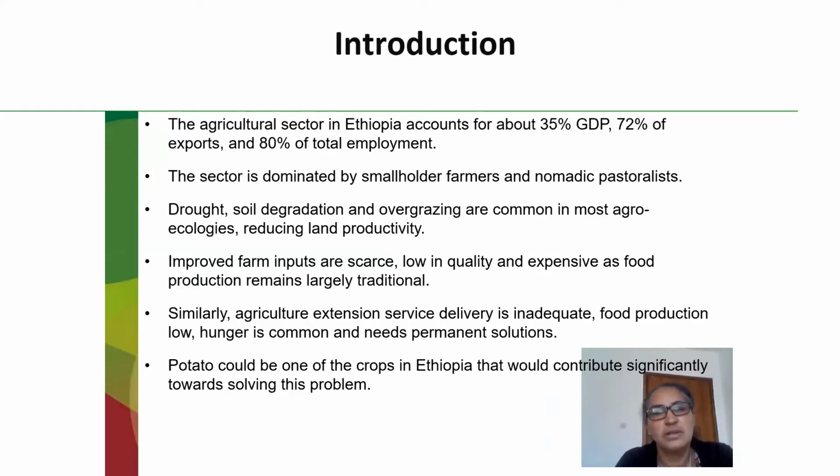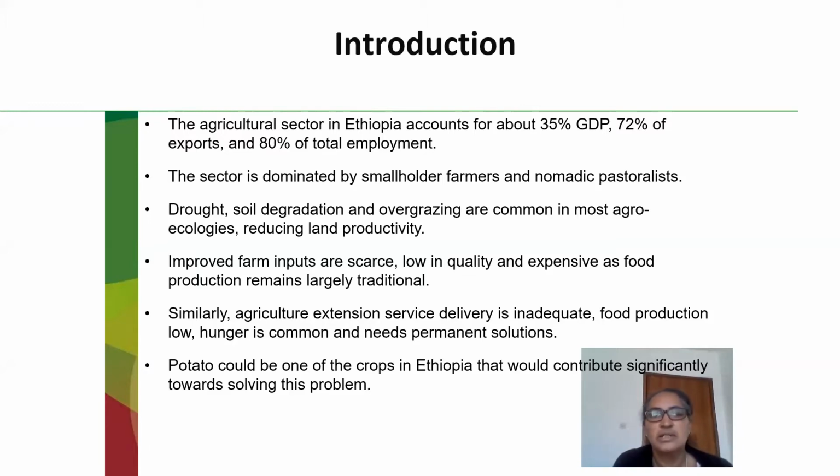introduction on potato generally. As introduction, the agricultural sector in Ethiopia accounts for about 35% GDP, 72% of exporters, and also 80% of the total employment is secured from this agriculture sector, and this sector is dominated by smallholder farmers and also nomadic pastoralists.